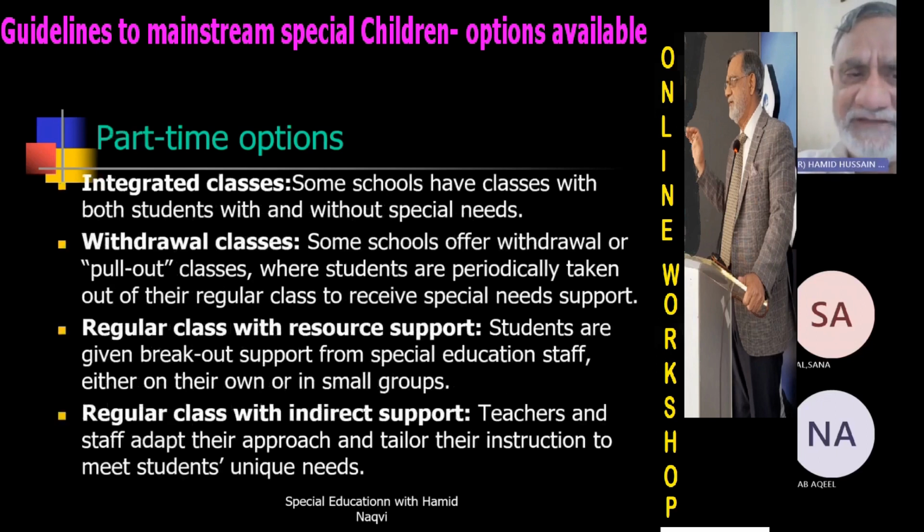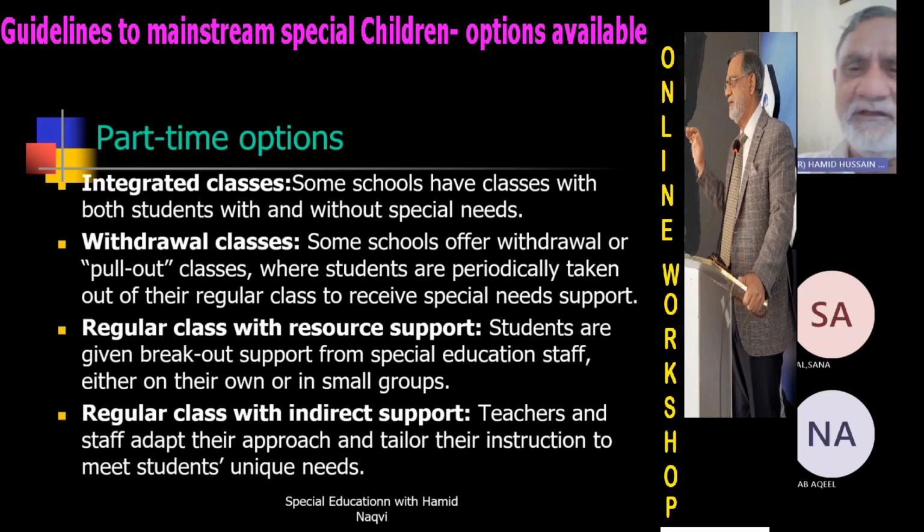Then the second main type is part-time options. Here we have a typical inclusive class. Why? For instance, the first shade of part-time option is integrated classes. In these integrated classes, some schools have classes with both students with and without special needs.